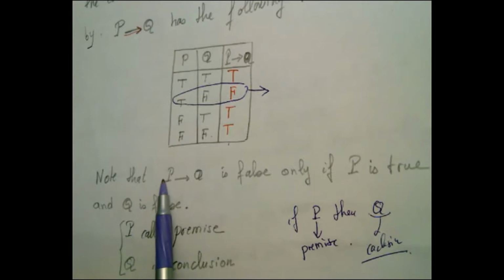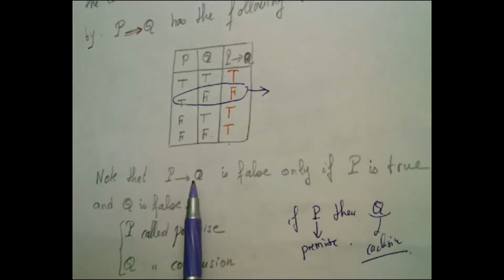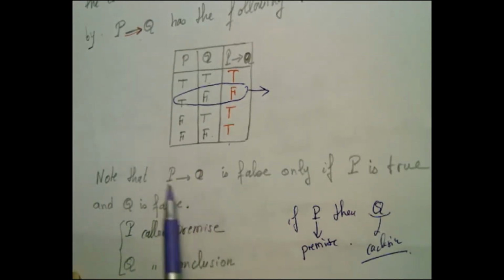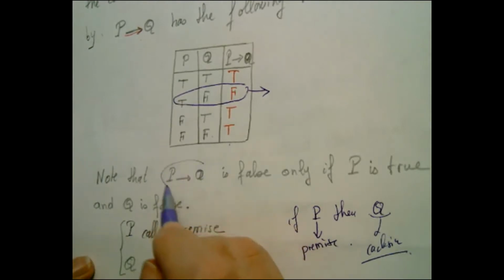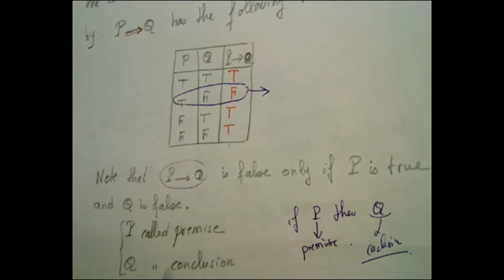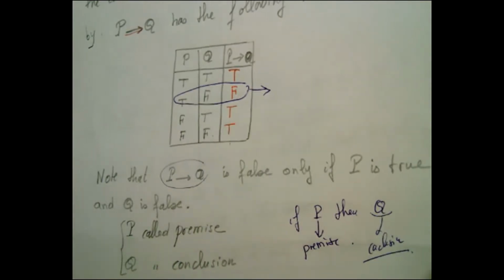And the statement if P then Q, if it is true, tells me that the truth of P guarantees the truth of Q. So saying that if P then Q is a true statement is intuitively telling you that the truth of P guarantees the truth of Q. That's it. If P is false, nothing about Q.